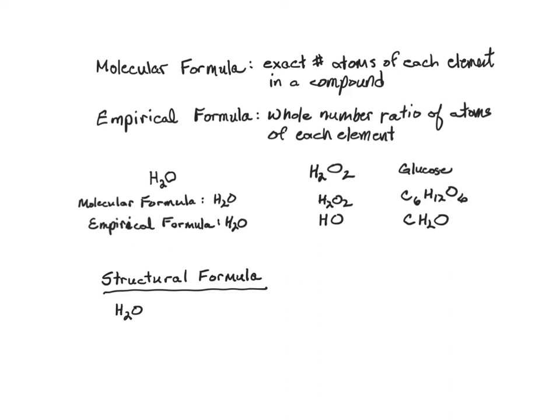We know that there's two hydrogens for every one oxygen. Okay, but the way that I've drawn this doesn't really give us any idea of how things are attached. The structural formula, we'll use lines to indicate which atom is bound to which. Okay, and this can be very useful, especially when we start getting into more complicated compounds.